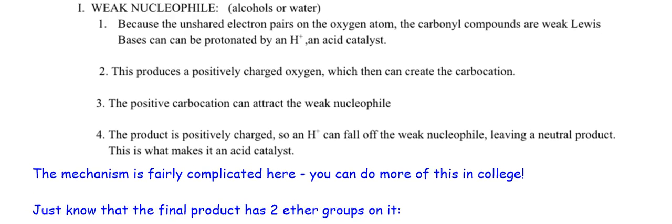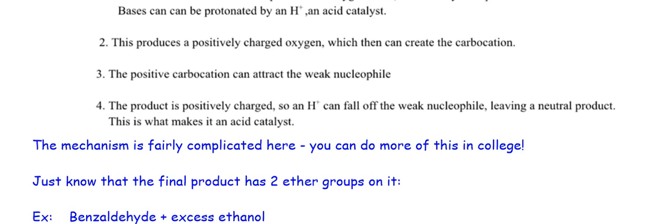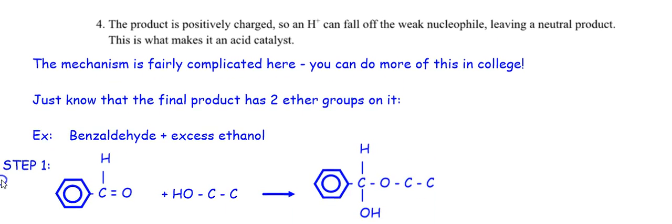So what is it that I do want you to know? Just know that the final product will have the 2 ether groups on it. Remember, this is an addition, isn't it? So let's see how this works. In my step 1, I'm just using benzaldehyde and ethanol.